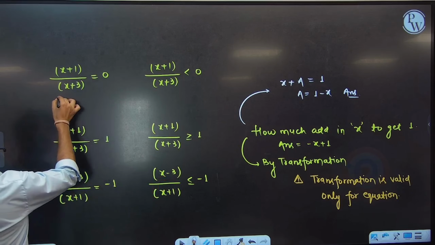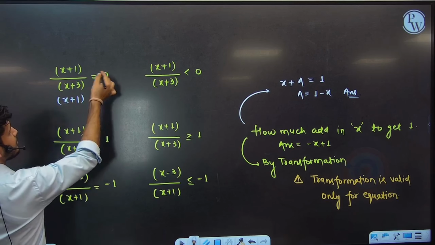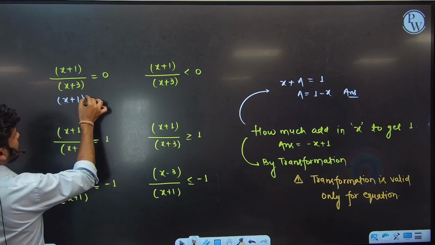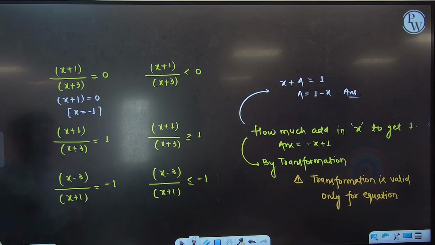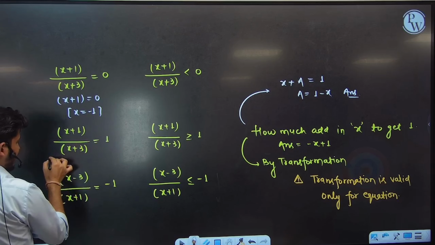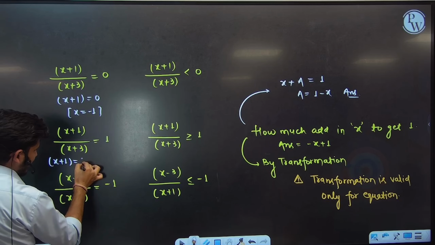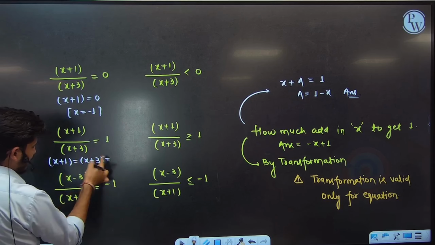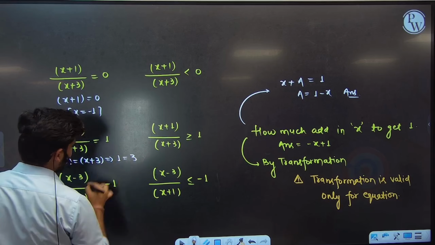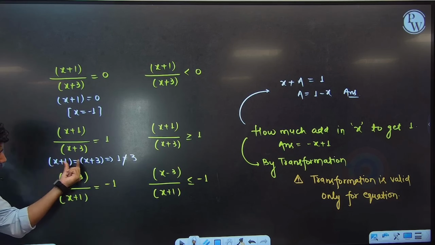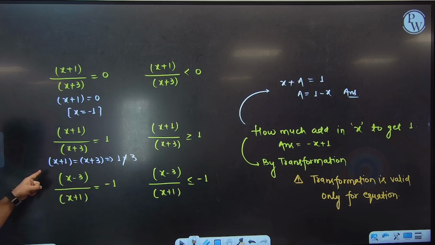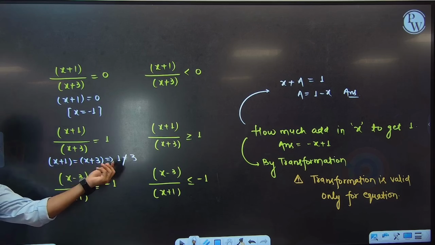So x plus 1 is equal to 0, and x is equal to. And here, tell me, x plus 1 is equal to x plus 3 and you get 1 is equal to 3. This is not equal, because x plus 1 is equal to x plus 3, x and x cancel, 1 is equal to 3, which is not true, so no solution.